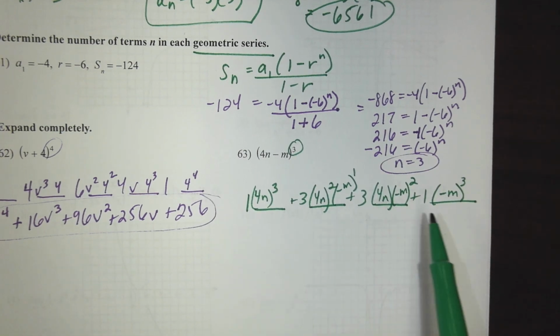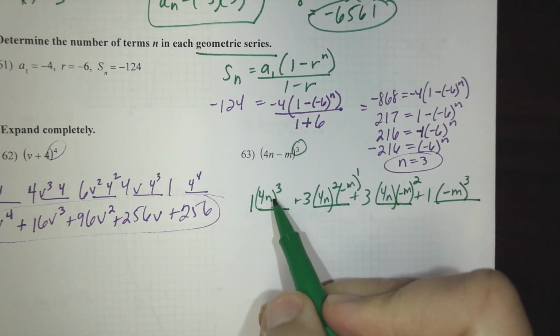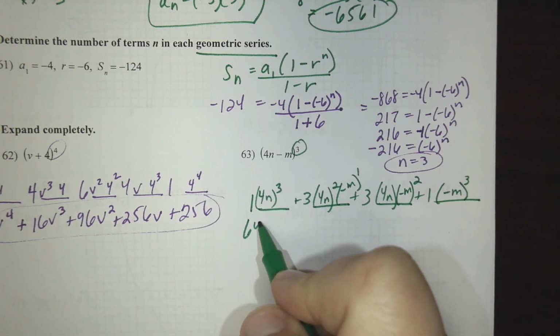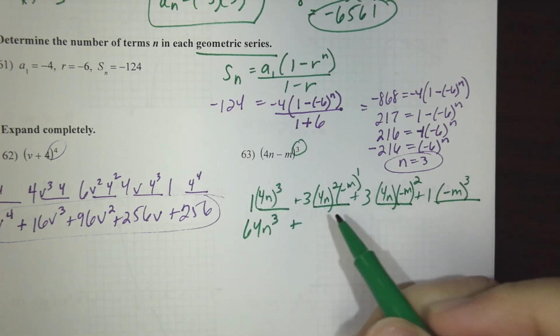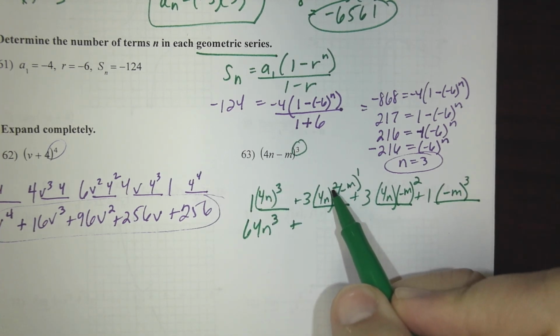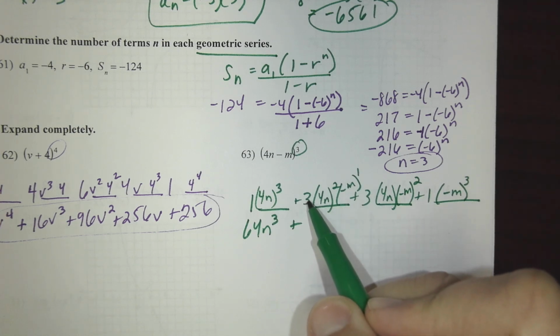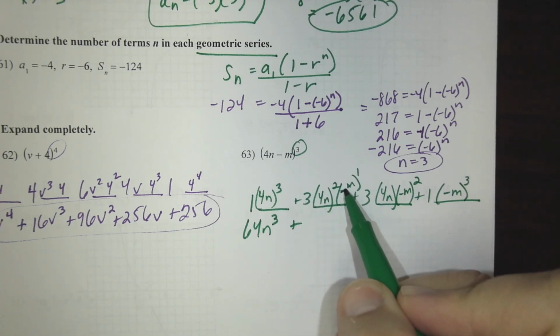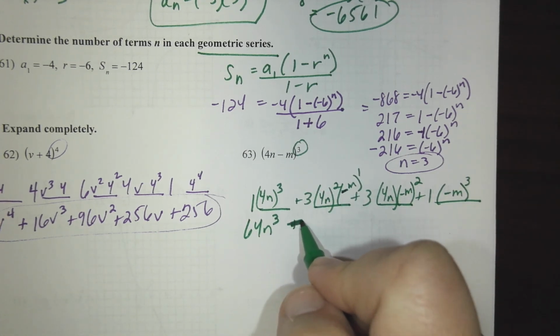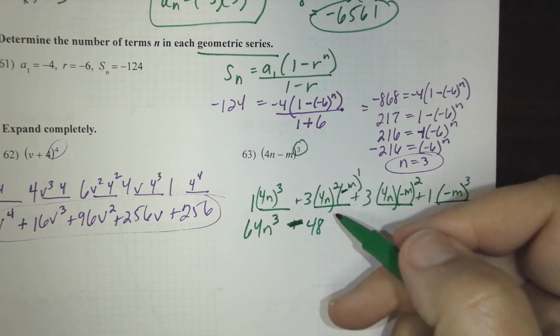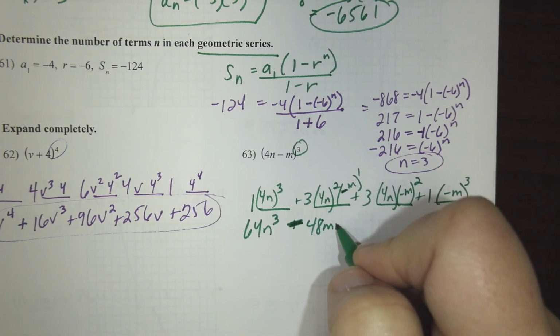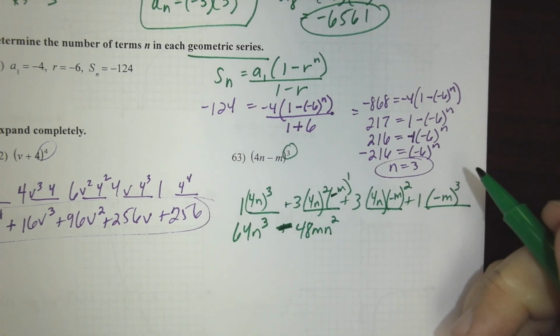And then clean up each one of these terms. So 4 cubed is 64n cubed. 4 squared is 16, and 16 times 3 is 48, but times the negative here would be minus 48mn squared.